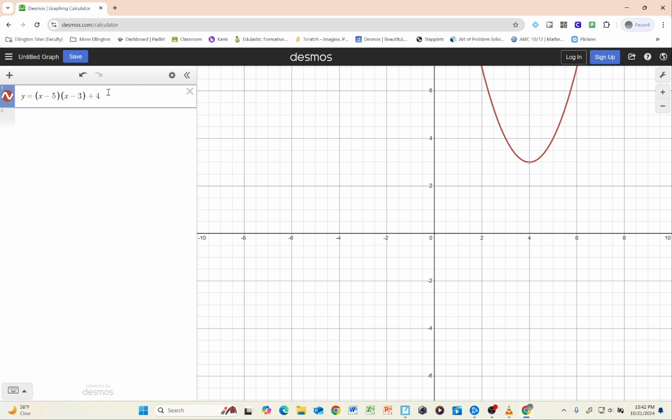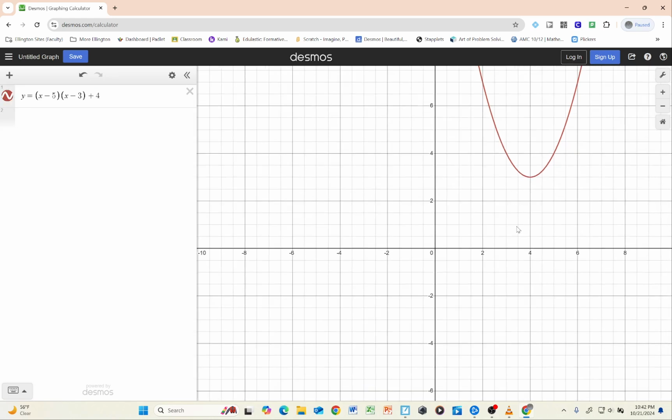What are the x-intercepts? Okay, no x-intercepts. So what are the solutions? There are none. Ooh, the plot thickens. Okay.